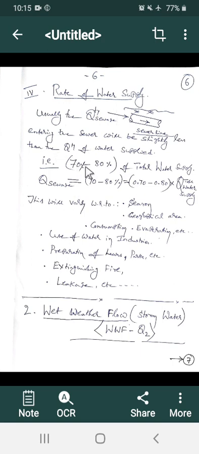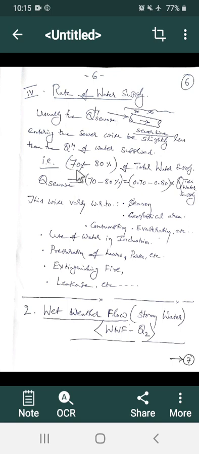Usually the quantity of sewage will be a little lower than the quantity of water supplied to the public. Always sewage quantity is a little lower than the quantity of water supplied.